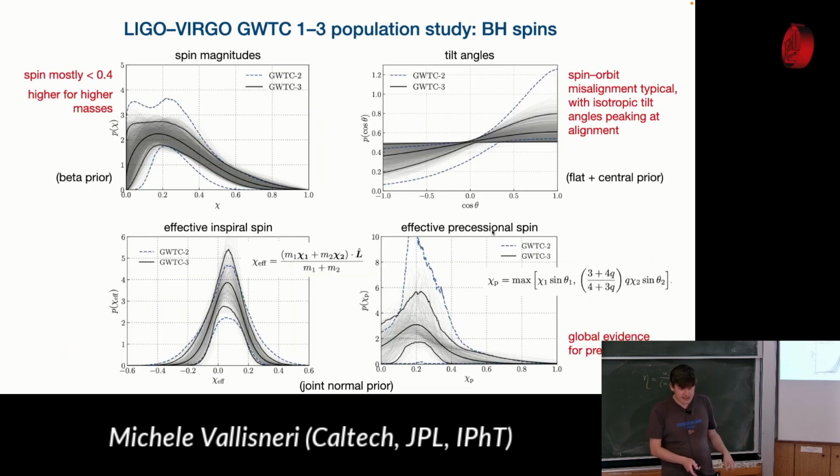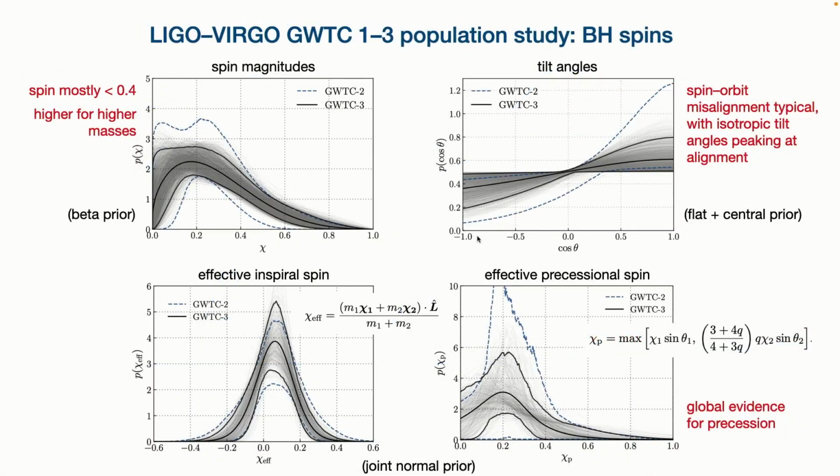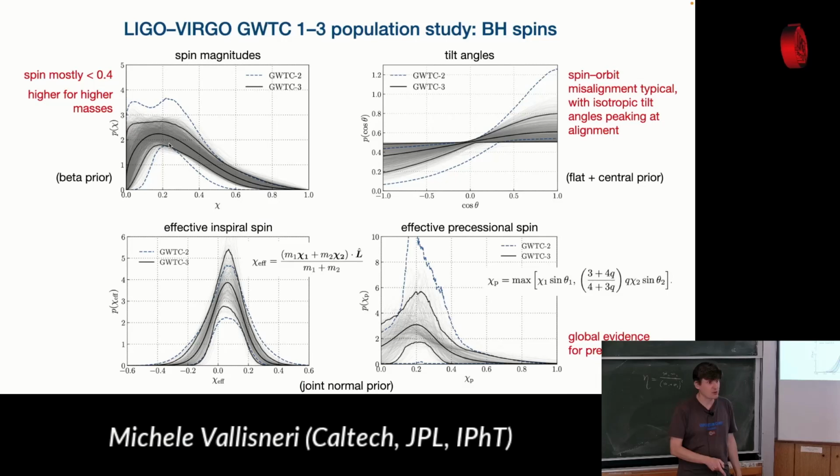Okay, spins are harder to detect, and this is really a free-for-all. I jotted down some notes because it goes in many directions. For one thing, spin magnitudes are mostly small, in geometrized units, where one would be an extremal black hole.